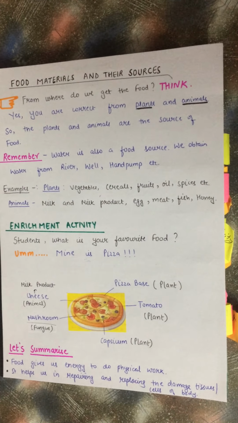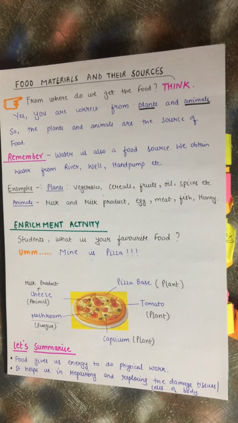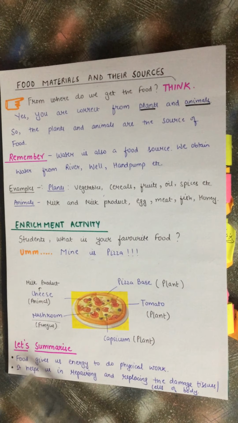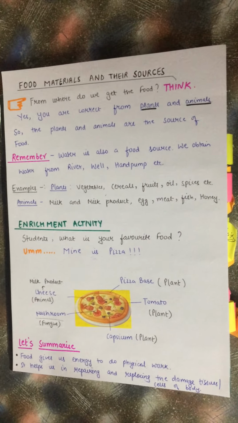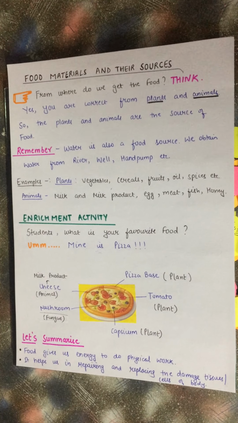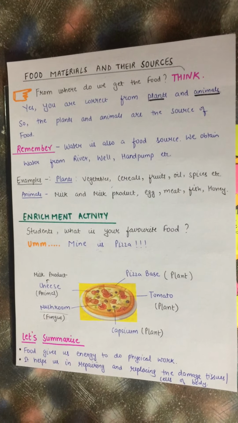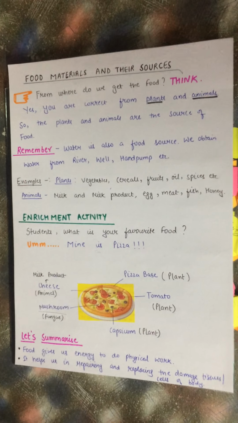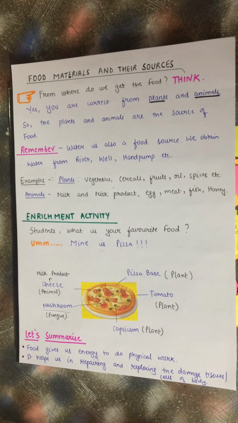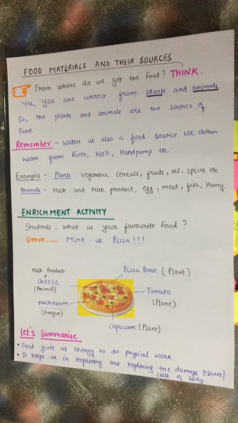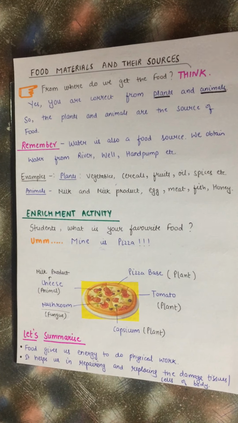Okay, now let's summarize what is food and what are its uses. Food gives us energy to do physical work. What type of physical work do you do daily? You play, you exercise, you do your homework. For all this work, you require energy, which you get from the food.